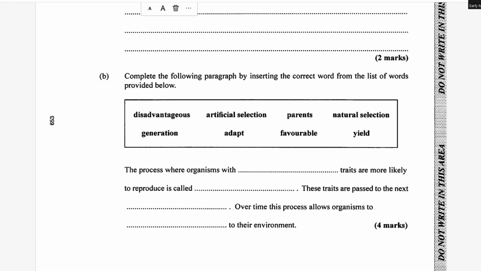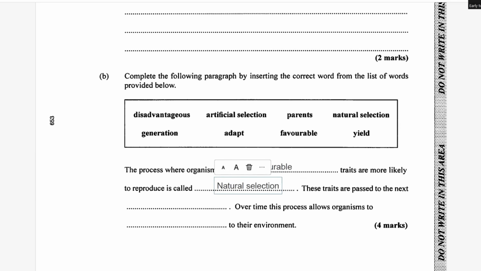B, complete the following paragraph by inserting the correct word from the list of words provided below. You just read the paragraph and it must make grammatical sense as well. So the process where organisms with favorable traits are more likely to reproduce is called natural selection. So we will insert natural selection there.